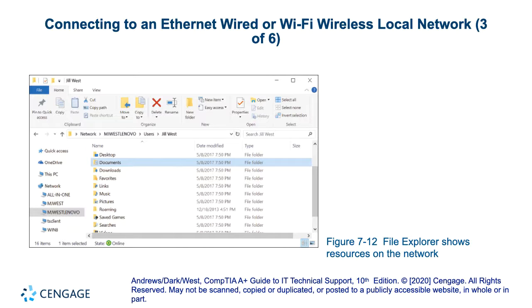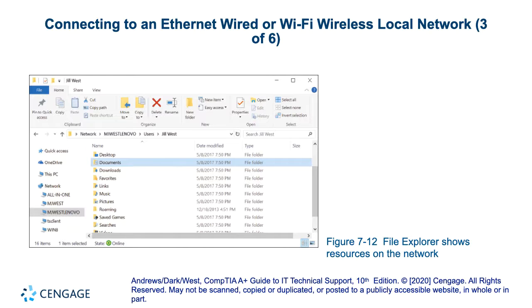And from File Explorer, you can navigate and explore other systems and their shared resources that exist on a private network. So in this example, they're showing the network, and there's at least 5 visible systems: an all-in-one, MU West and MU West Lenovo, TS client, and Win 8.